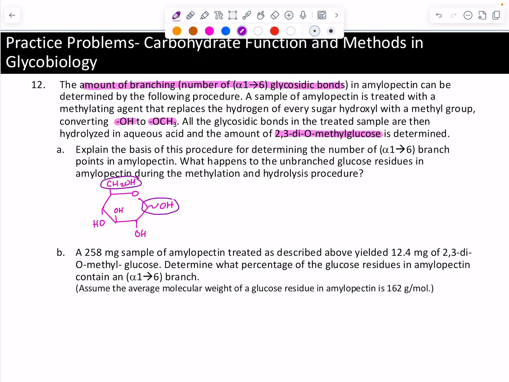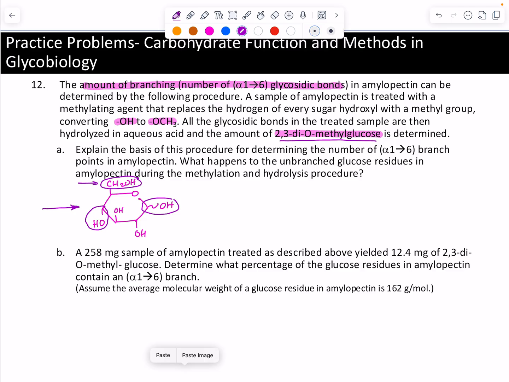So what does that leave? Okay, well, notice that it's asking for 2,3-dimethyl glucose. So if this is at a branch point, what's going to happen is the branch chain is going to grow from the 4-carbon end. So that will also be involved in glycosidic bond.